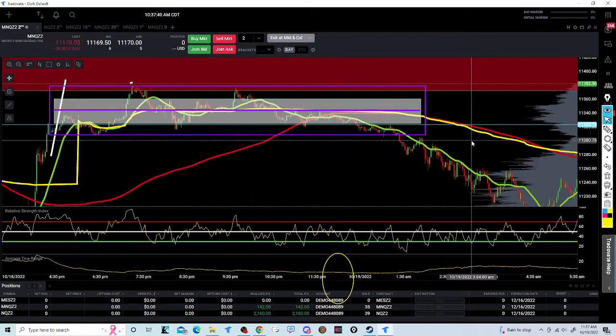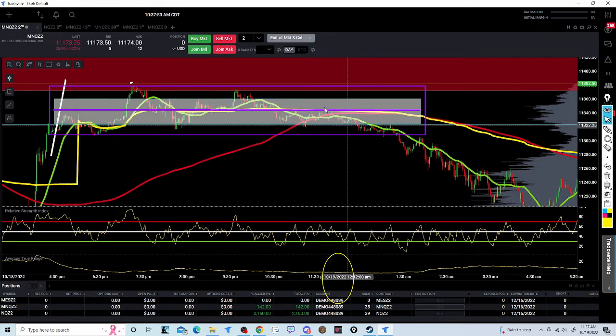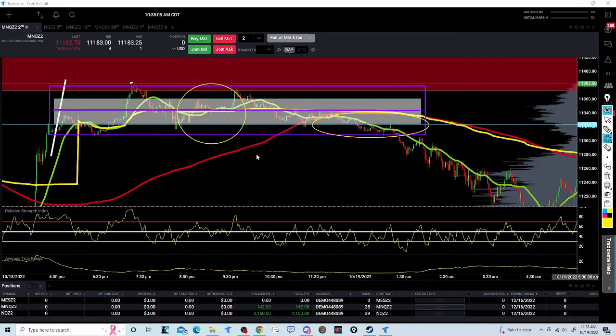Now that we have all that marked off, we are looking to trade the range breakout. We want to trade the breakout of this range. Now, how do we do that? We're looking for specific criteria. We want the price to be in the lower 50 percentile of the overall range. Price has to be in the bottom 50% of the range to trade a breakout of a range.